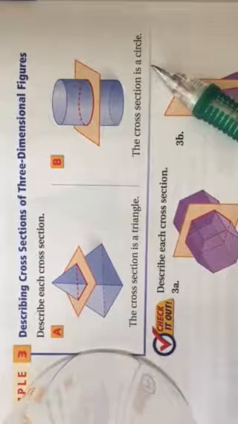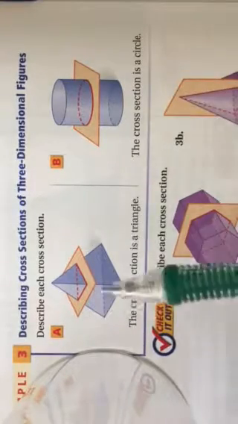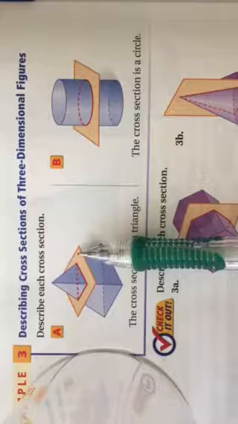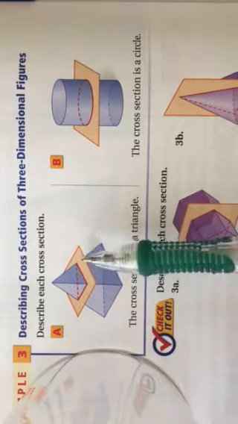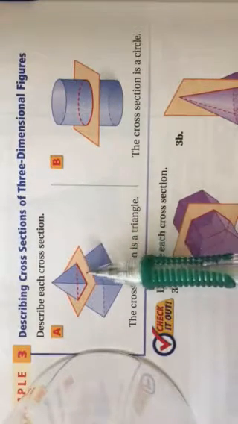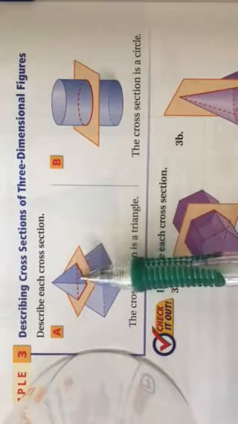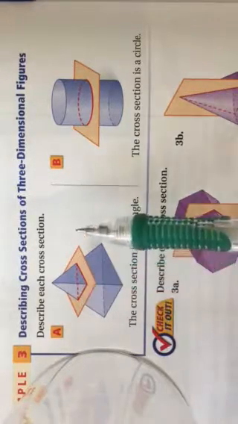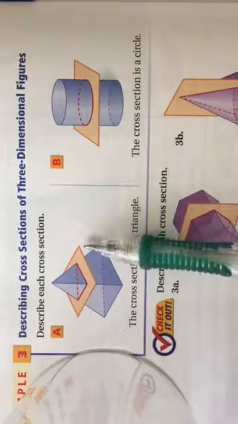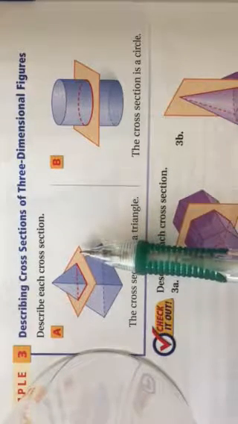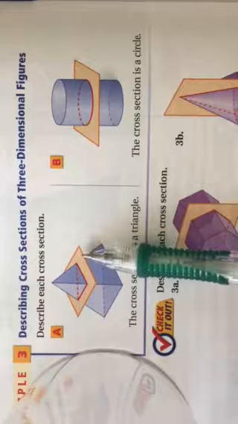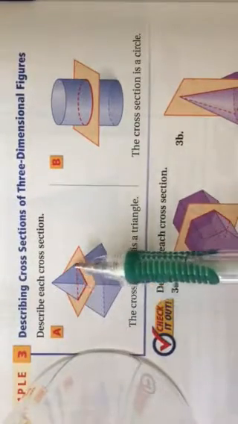If we were to take a piece of glass, a flat plane of glass, or a flat plane of any material, which is what this beige square represents, and slide it through this triangular pyramid parallel to the base, what shape would we be left with in the middle?